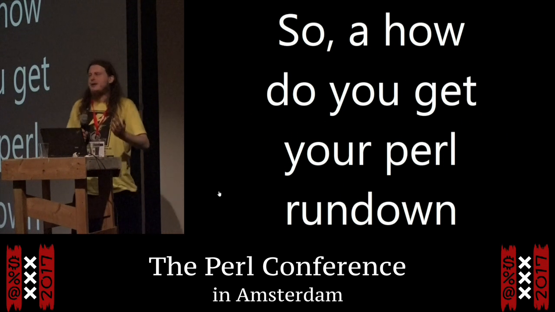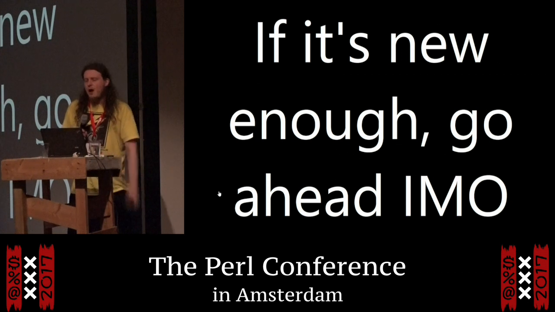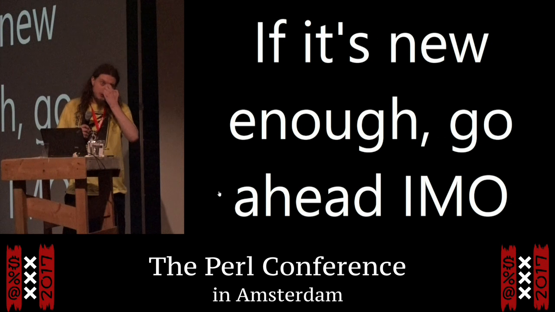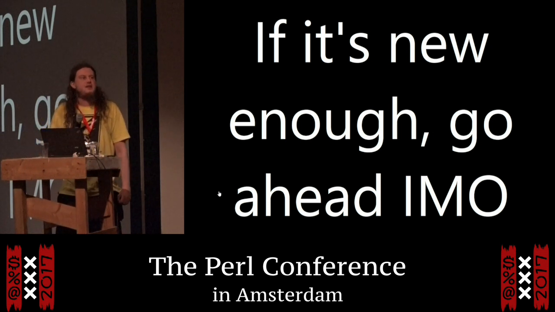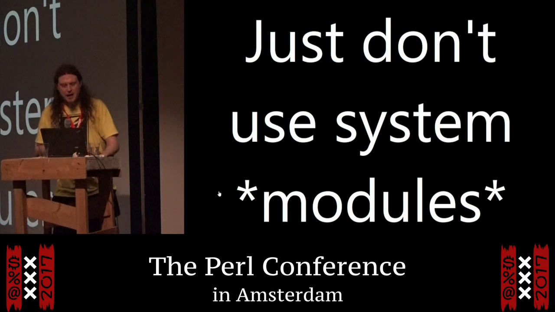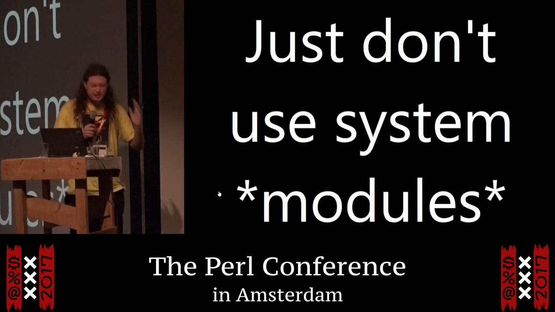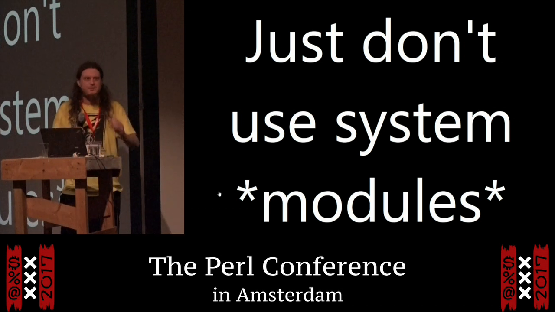So anyway, how do you get your Perl? Various possibilities. System Perl? Well, honestly, if it's new enough, I'm perfectly happy doing that. A lot of the time, certainly for CPAN development, the system Perl is way newer than what I'm targeting anyway. And for customer stuff, if it's new enough, there are usually bigger problems than which Perl we're using. I just avoid system modules, because system modules are packaged at the versions that make sense for system packaged applications.